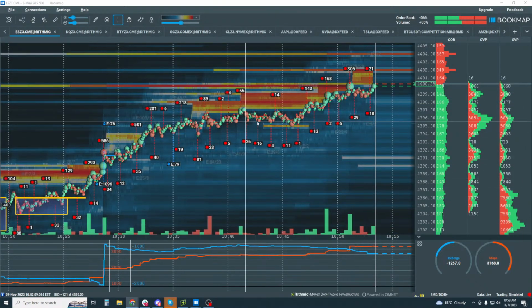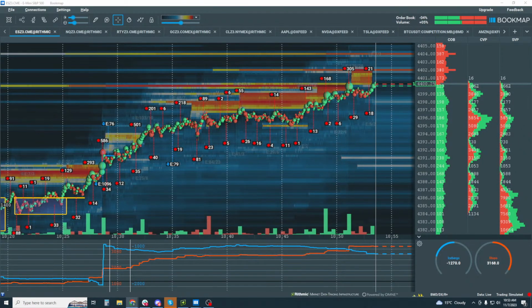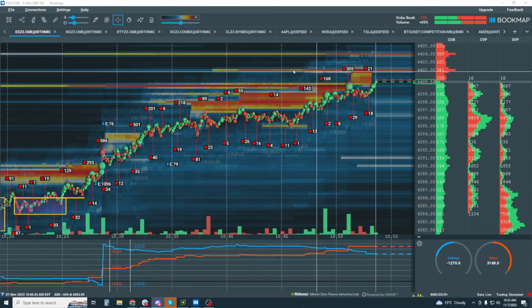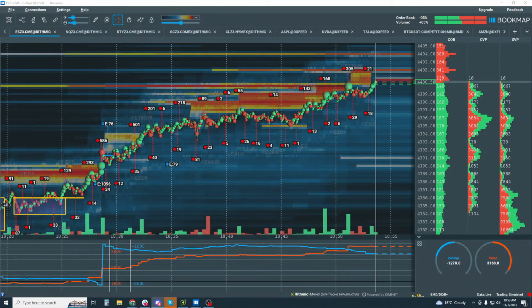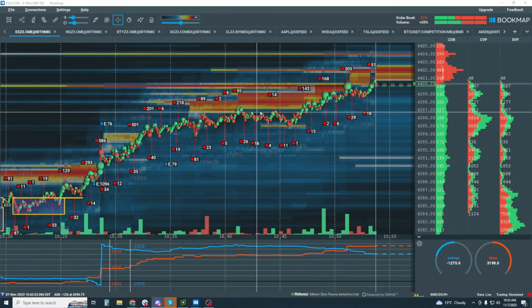This kind of reminds me too, Moby's not in here. He presented earlier today. He's in Western Australia, and he is trading the London session.